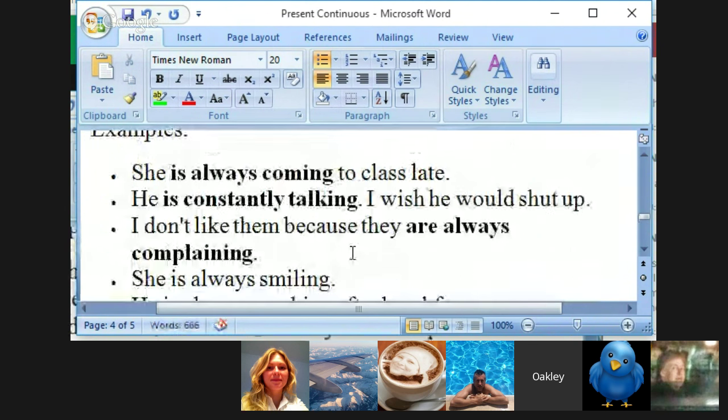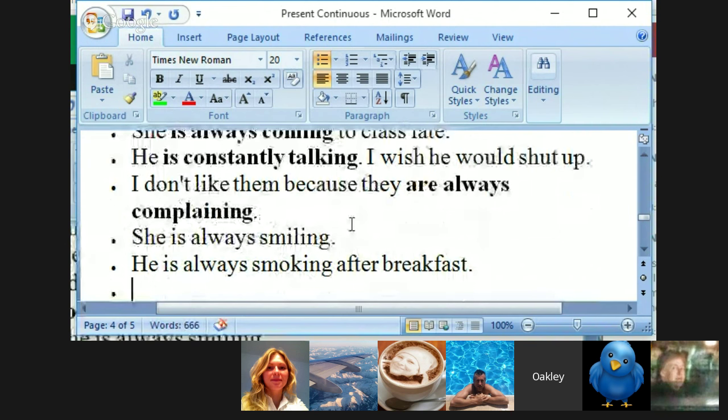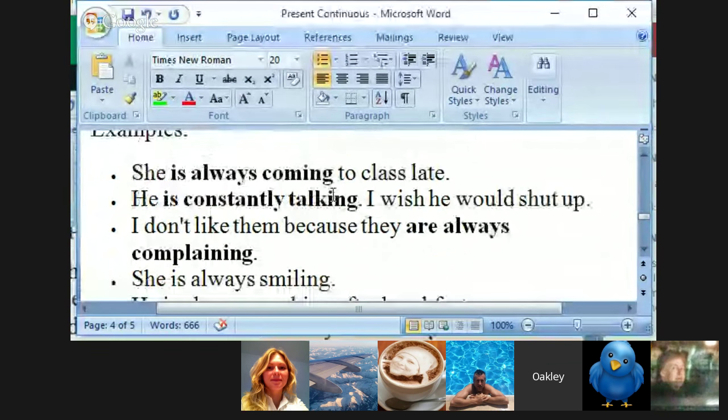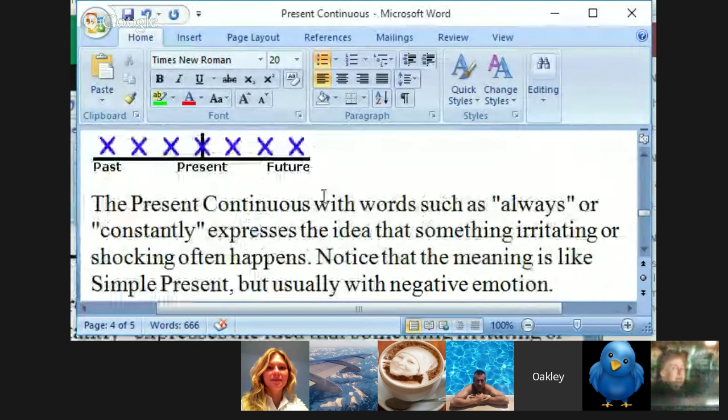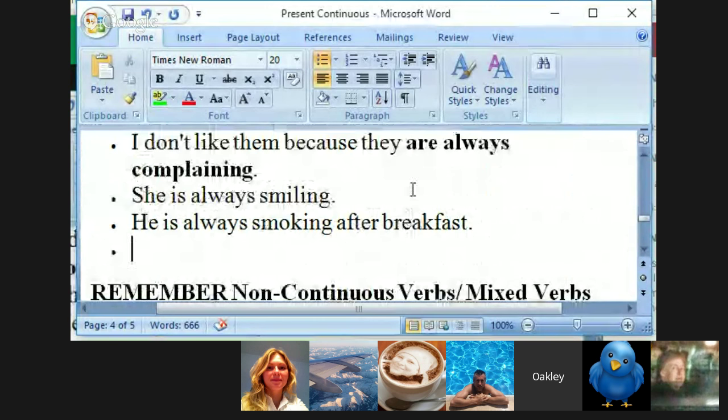All right. Well, let's see here. Okay. Well, we've only got 10 minutes, and I've got some other things to show you. Maybe we can come back to this. Maybe not. But does anybody have any questions about this use of present continuous to show something surprising or something annoying?